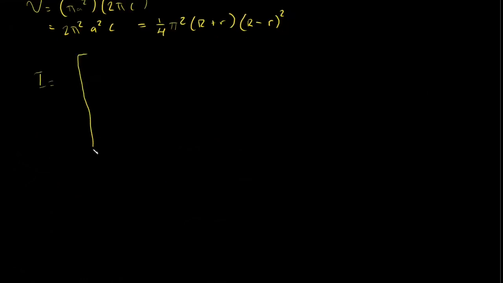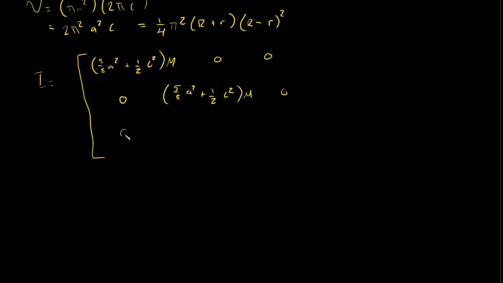And the moment of inertia tensor of the solid torus with mass m is given by I equals the matrix with diagonal entries (5/8 a squared plus 1/2 c squared) m, (5/8 a squared plus 1/2 c squared) m, and (3/4 a squared plus c squared) m, and zeros elsewhere.